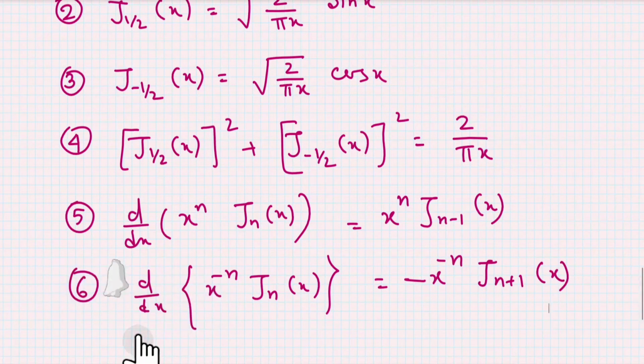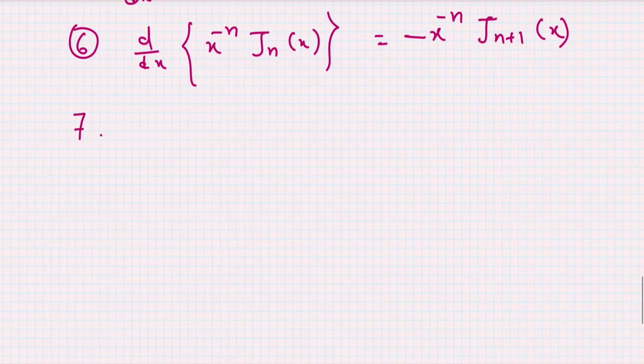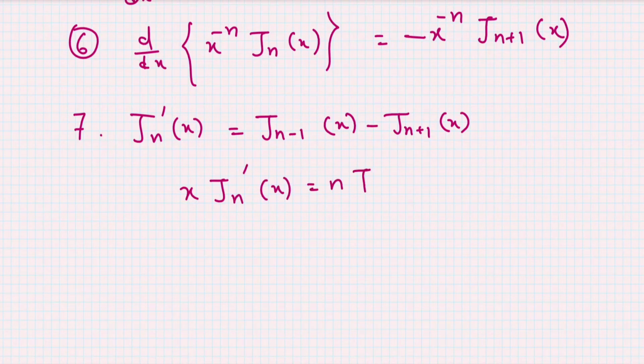Now recurrence relation 7 gives J n dash x, this is equal to, we can write J of n minus 1 x minus J of n plus 1 into x. And also from this we can write x J n dashed x, this is equal to n J n x minus x into J n plus 1 x.